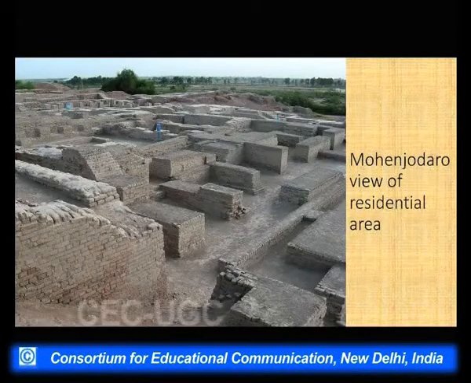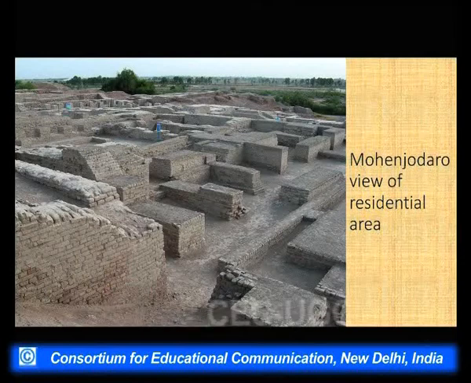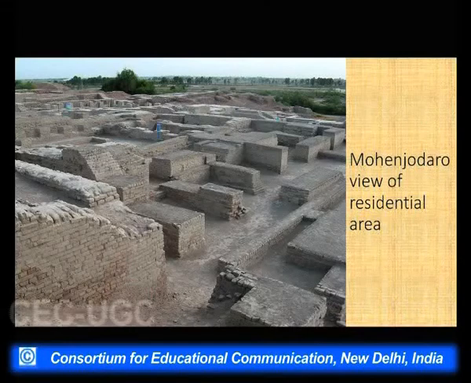And then you have the residential area, where a slope leads down to the lower town, laid out in a loose grid. It's not as structured a grid as it was first thought to be, but you can see that houses, roads, etc. have been made in a grid.